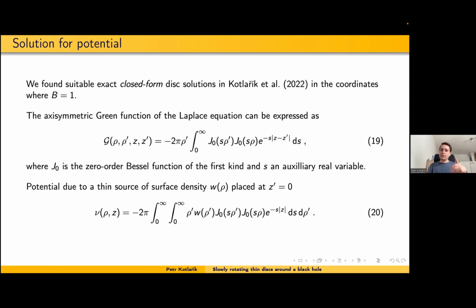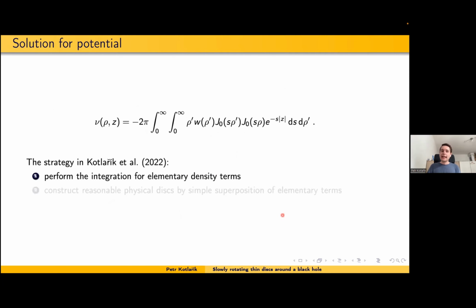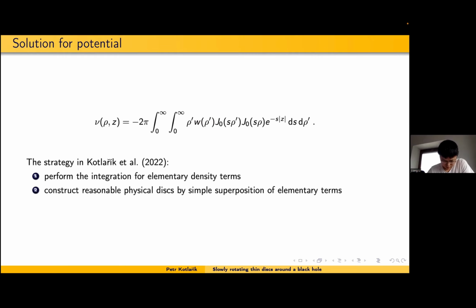So in order to find the solution, we have to perform this double integration. And our strategy was first to consider some elementary density terms, some simple ones, and then to use the linearity of the Laplace equation, and by a suitable superposition of these elementary density terms, construct physically reasonable disks with realistic density profiles.